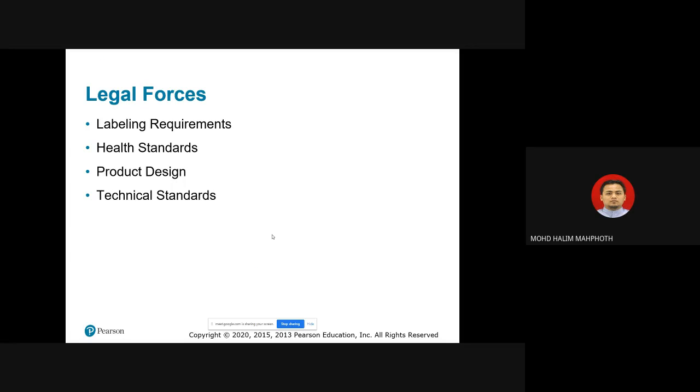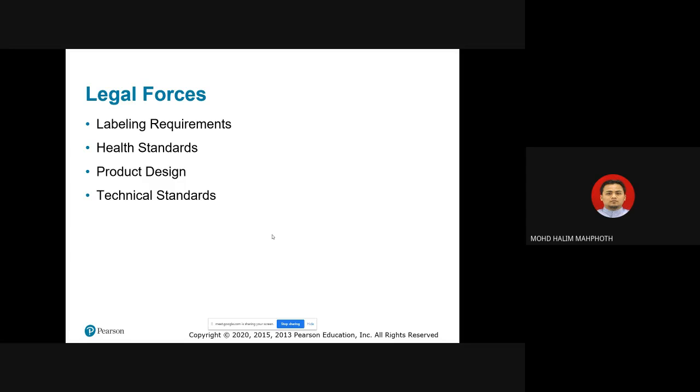In terms of legal forces, there is the labeling requirement. For food products, maybe you have to get permission first from the health bodies, the health standards.